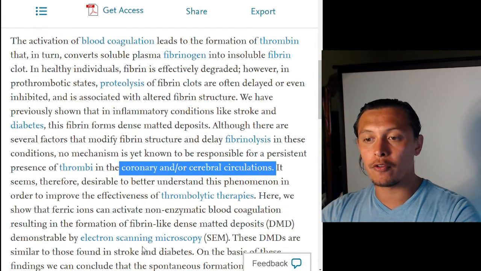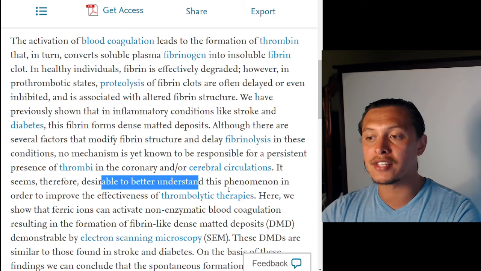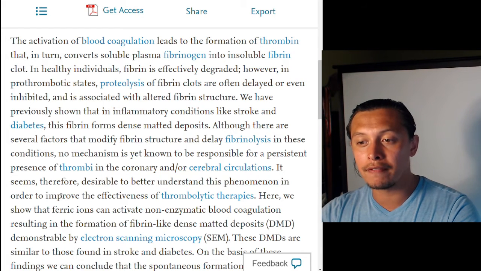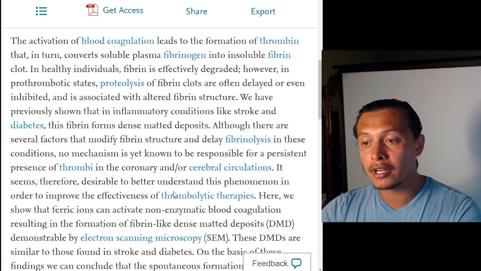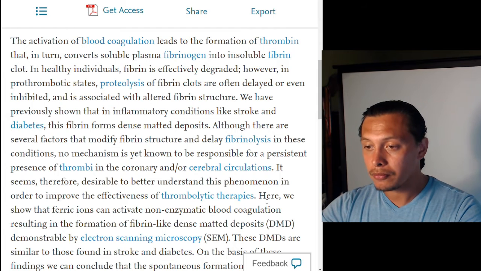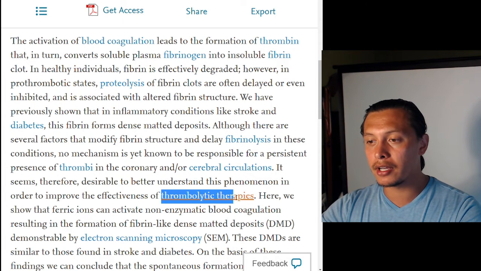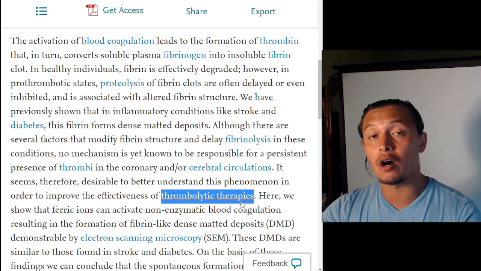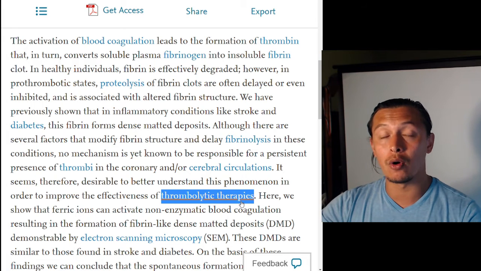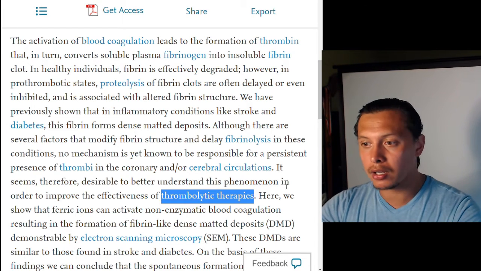So it seems desirable to better understand this phenomenon in order to improve the effectiveness of thrombolytic therapies. And thrombolytic therapies would be therapies that help break apart thrombi or remove blood clots.